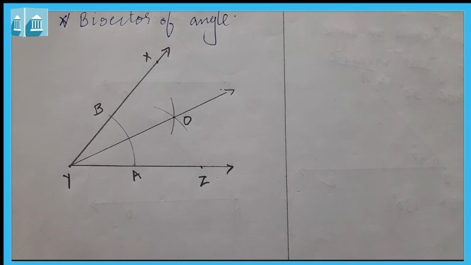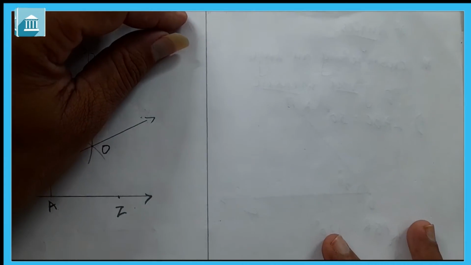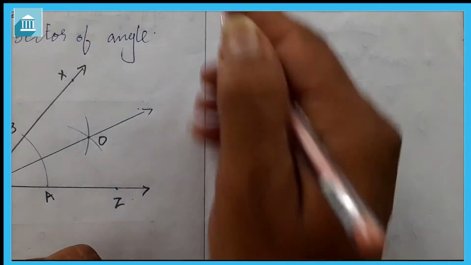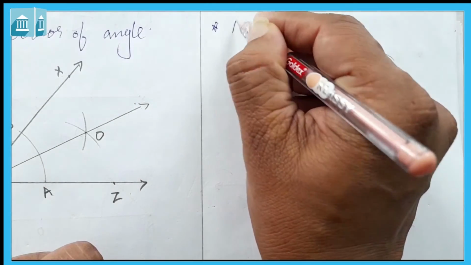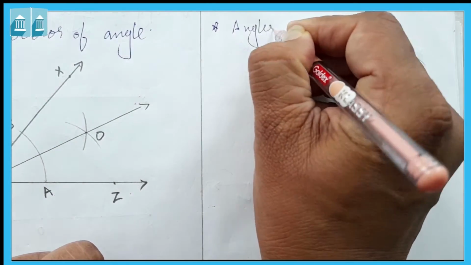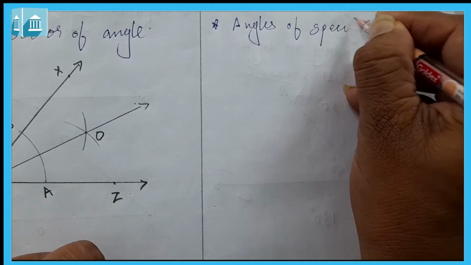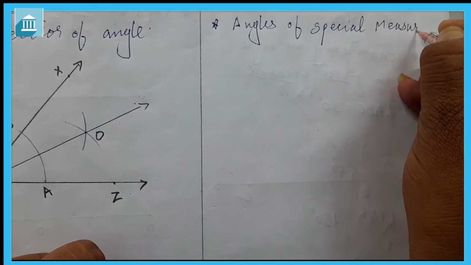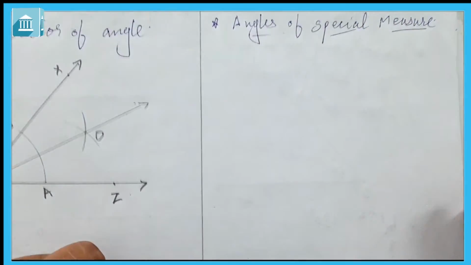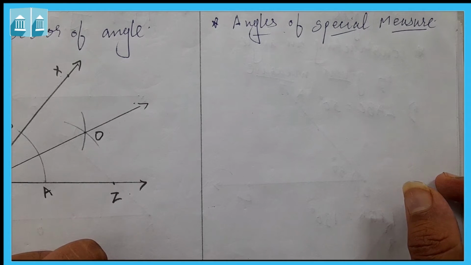Now we will come toward the next topic, that is angle of special measure. Now there are some angles which are special measure. We can say that 60 degree, 30 degree, 120 degree, 15 degree.